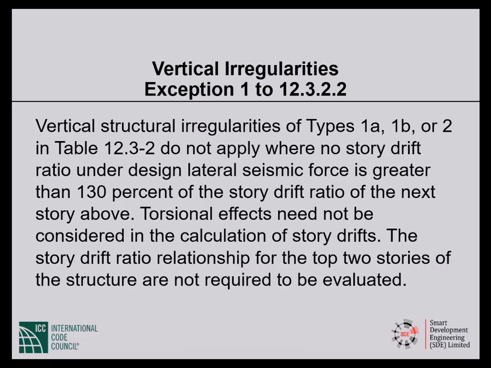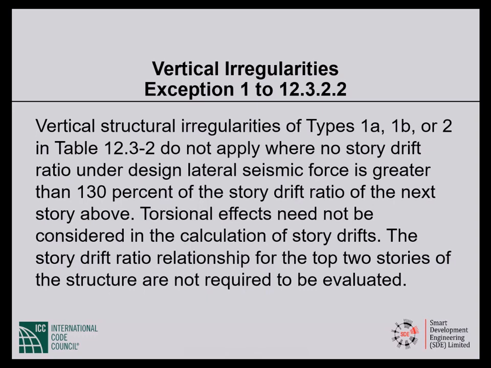story drift ratio of the next story above. Let me read it again. Vertical structural irregularities 1A, 1B, and 2 do not apply where no story drift ratio under design lateral seismic force is greater than 130% of the story drift ratio of the next story above.